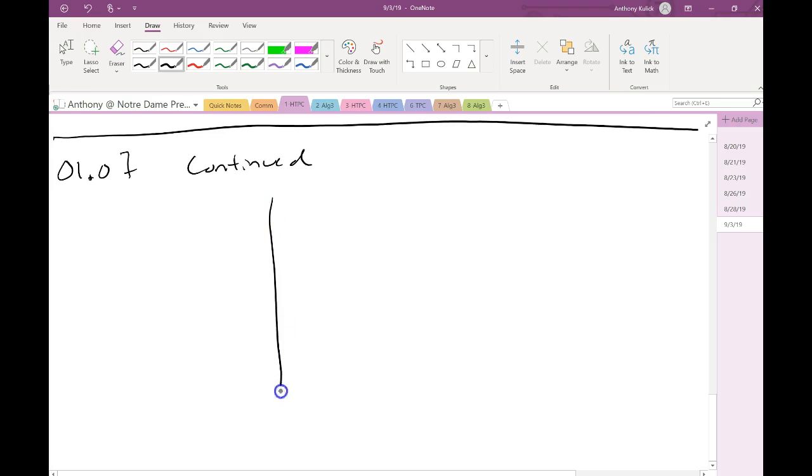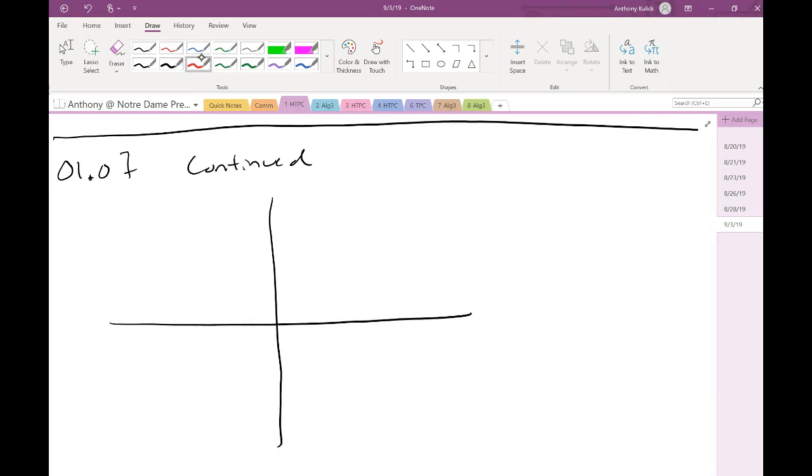So let's say we have the graph here that contains these 3 points.